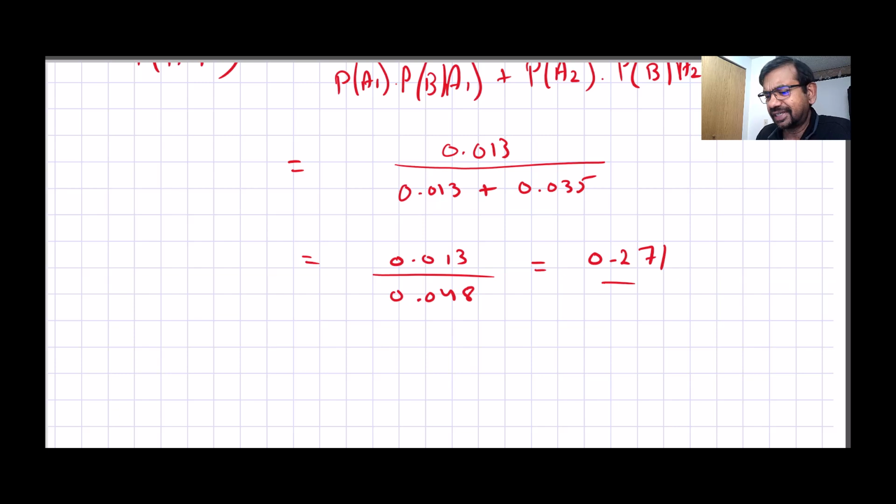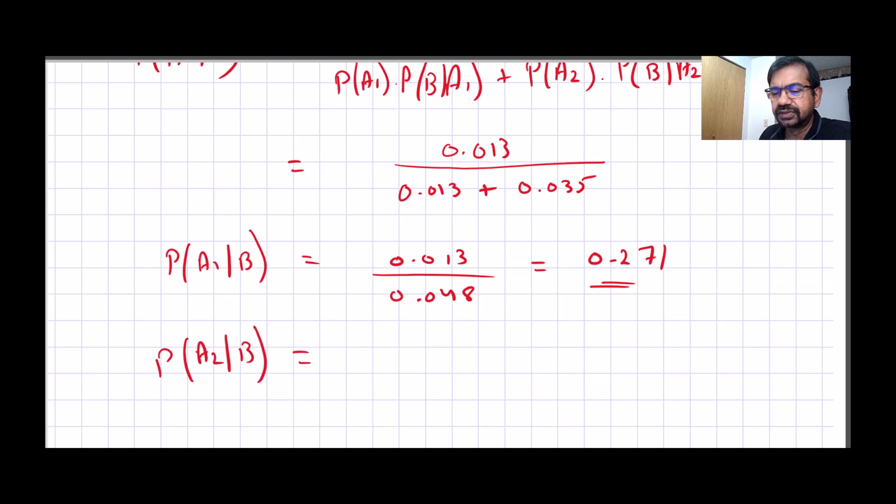Now, notice that the complement of this event, the complement of given that the part is bad, it came from A1, is given that the part is bad and it came from firm 2. Which is essentially we are now swapping out 0.035 with 0.013.